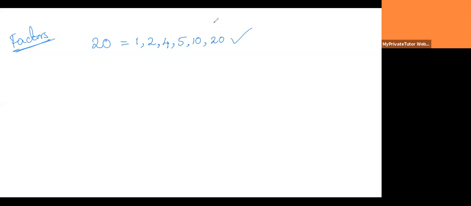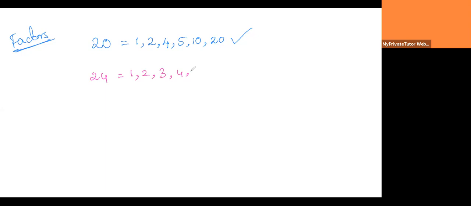So you can find them in this way. Let's try one more. 24 is divisible by 1. So it's a factor. It is divisible by 2. So it's a factor. It is divisible by 3, 4. It's not divisible by 5. That's why I just explained the divisibility rules here. So you just need to check the divisibility rules.